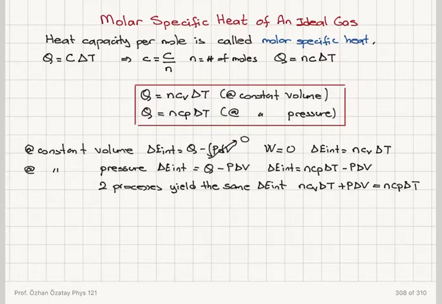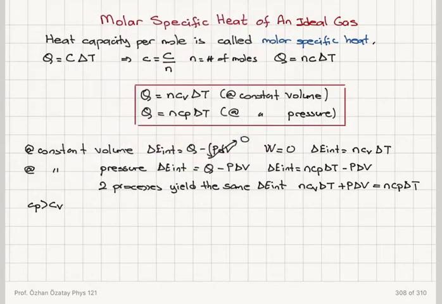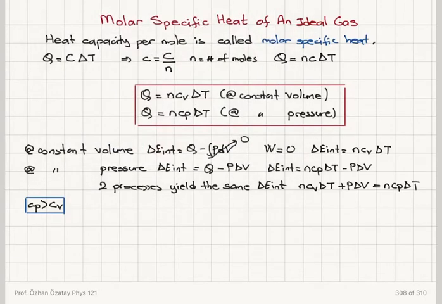So this is telling you that Cp must be greater than Cv. So this is always true. Cp must be greater than Cv, because in the constant pressure process, Cp accounts for not only the change in internal energy, but also the work, P delta V.